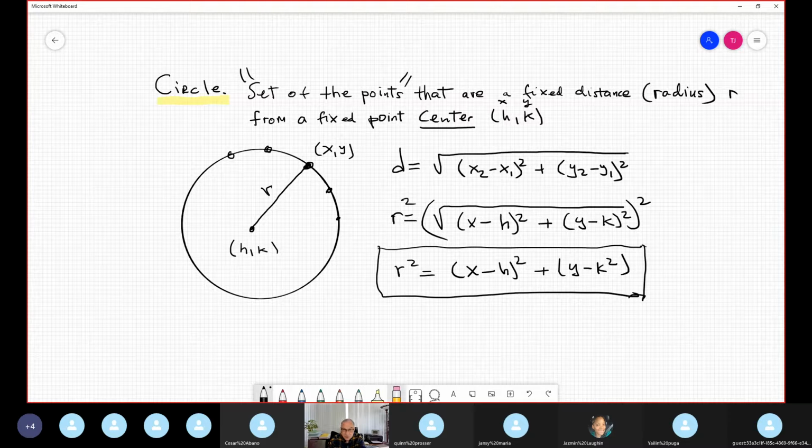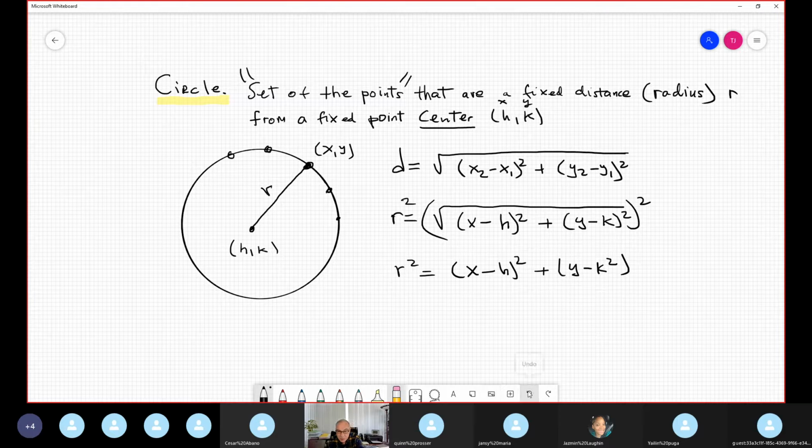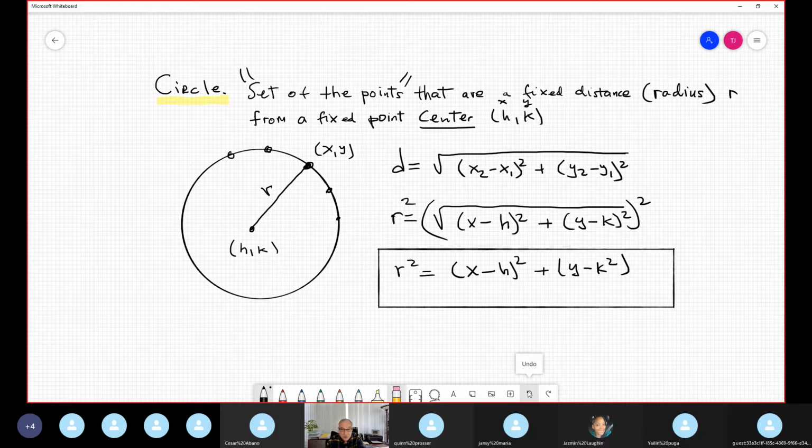What's the name of this formula? It's the equation of the circle in standard form.